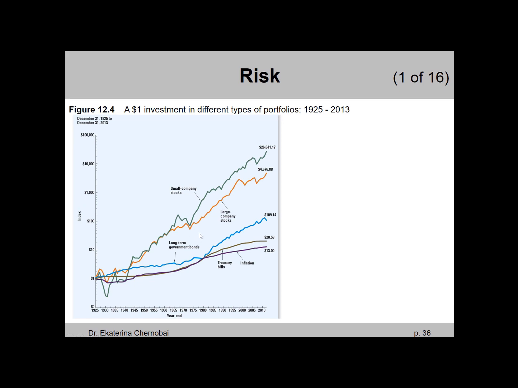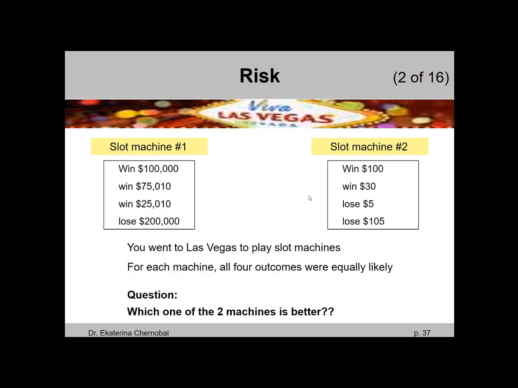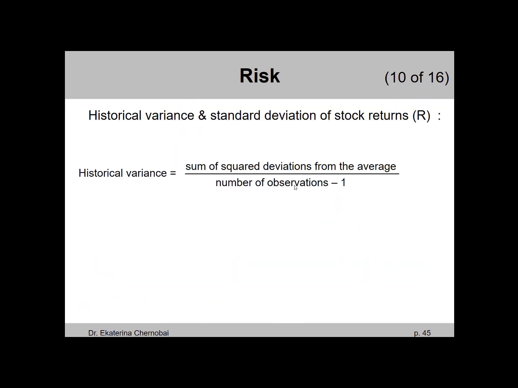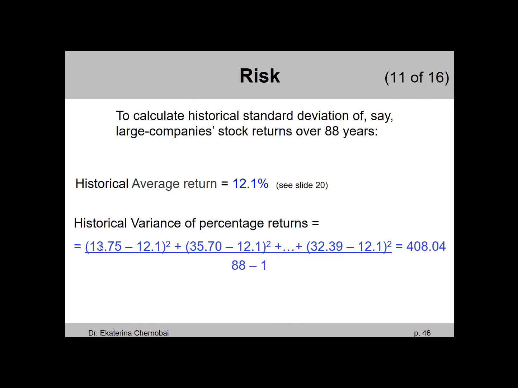So we use the information on the returns, which are in the textbook for each year. So 13.75% return in the first year, going from 1925 to 1926, and so on. So this covers 88 of those returns, 88 years.